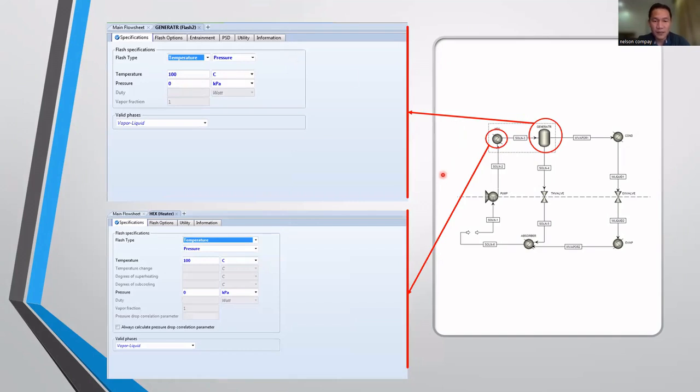The next one is the generator. This is set wherein heat is added to increase the solution temperature up to 100 degrees Celsius. I put 0 kilopascal here to signify that there is no pressure drop on the equipment.